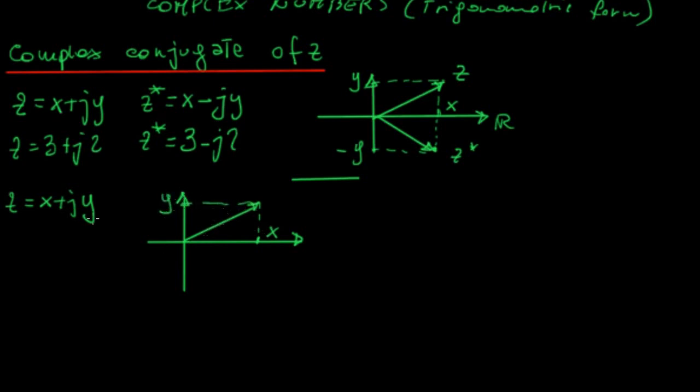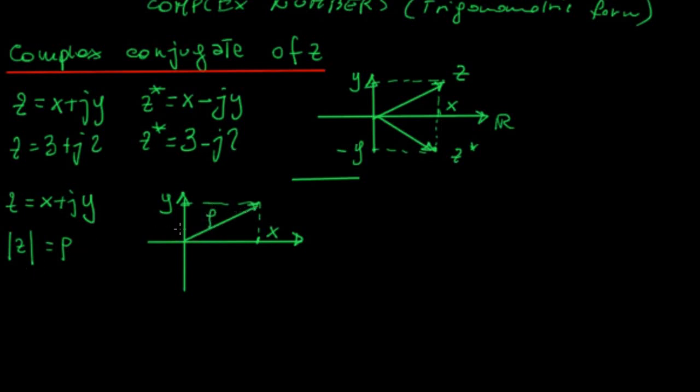But we have also introduced last time the concept of modulus of z. We used this symbol to indicate the length of this vector, but now we will also use another symbol, this Greek letter rho, to denote the length of this vector.